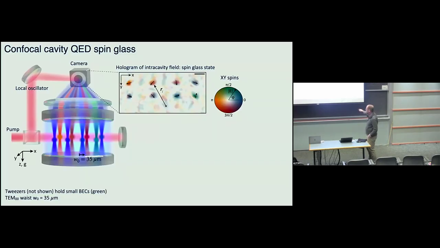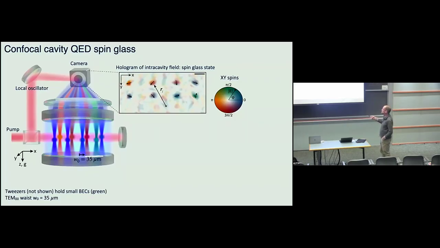One, it creates a very tight cavity mode focused exactly at those atoms. Why does it not look like a Gaussian? It's because we're using a weird kind of cavity, a confocal cavity. So something we've developed over the last dozen years is multi-mode cavity QED.